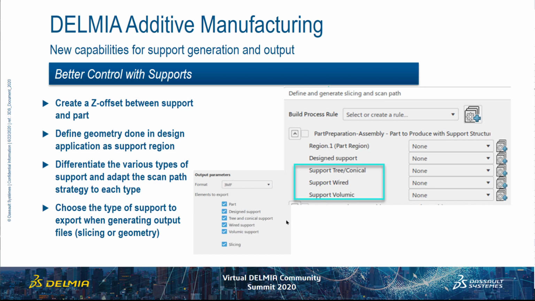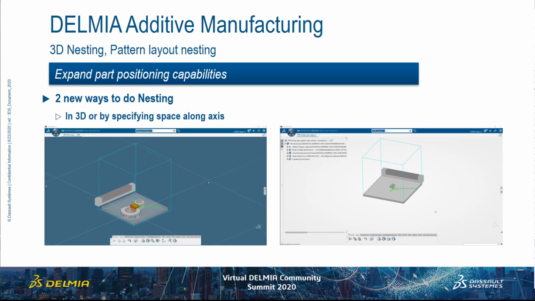Now with 20X, we have introduced 3D nesting. This new capability would allow you to automatically position the parts based on its contour or the volume, either in 2D or now in 3D as well.